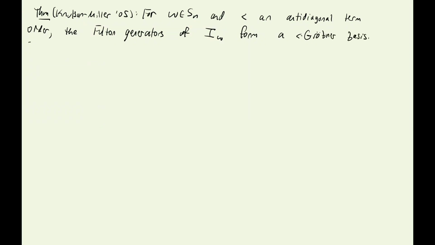So in particular, this is telling us that the anti-diagonal initial ideal is radical. So we have a radical monomial ideal. When we take its primary decomposition, we're going to get other monomial ideals.